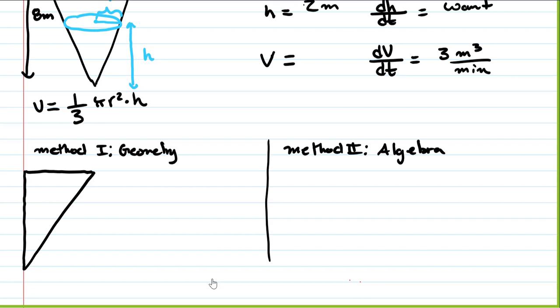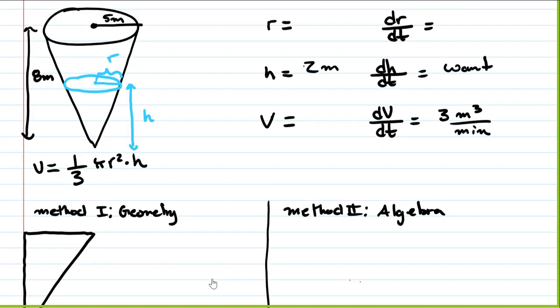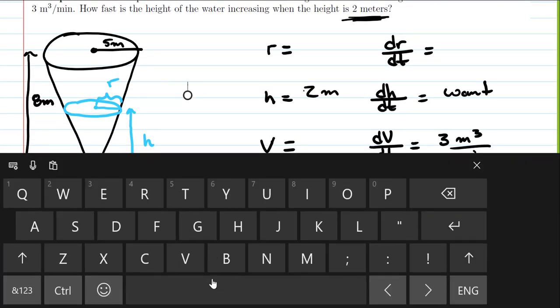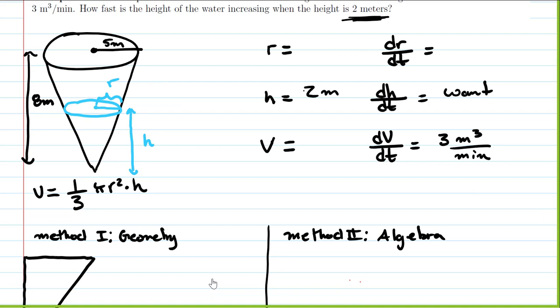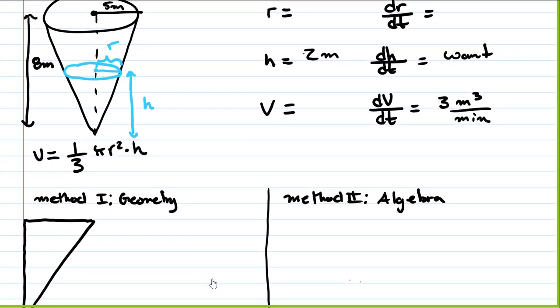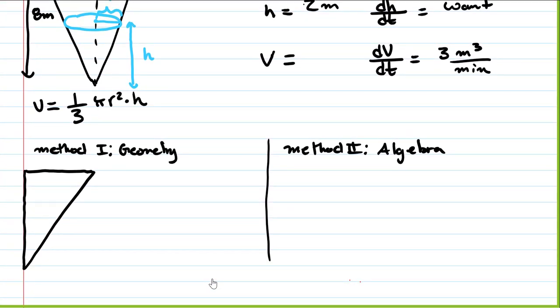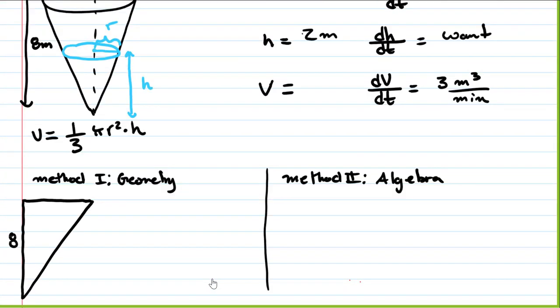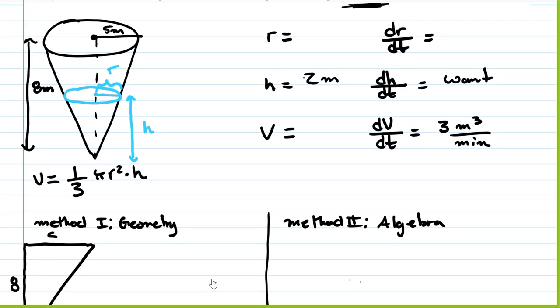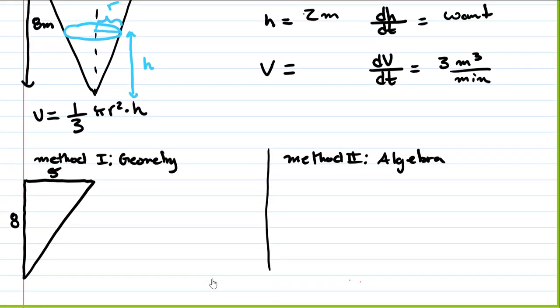Because one of the cross-sections would be a triangle that looked like this part, and then if you cut it in half again down this line, you would get another triangle. So we know some information then. This is 8, and the radius is 5. We are trying to find some information about what we call R and H, right?